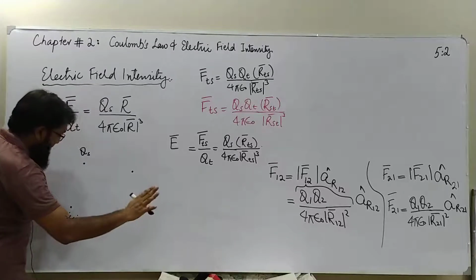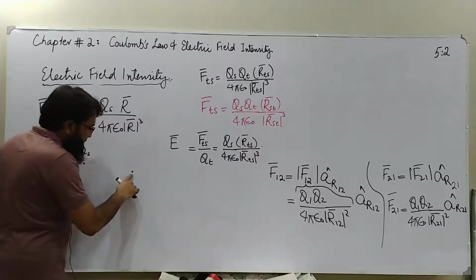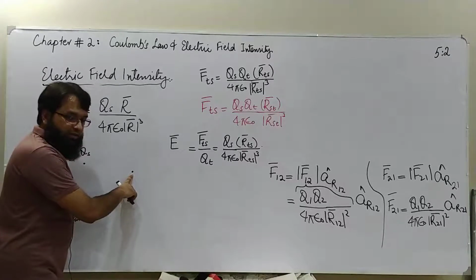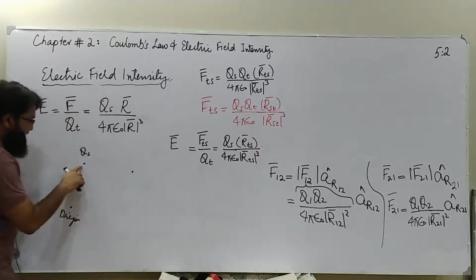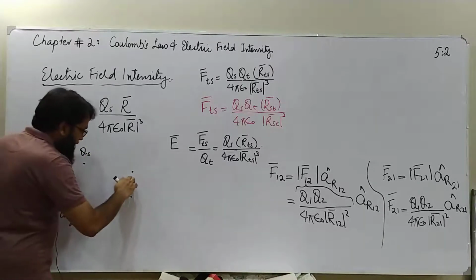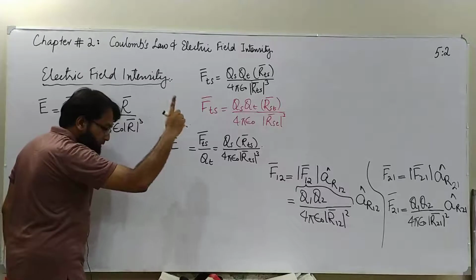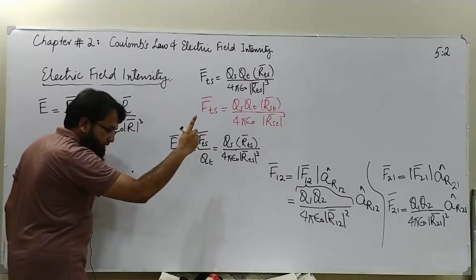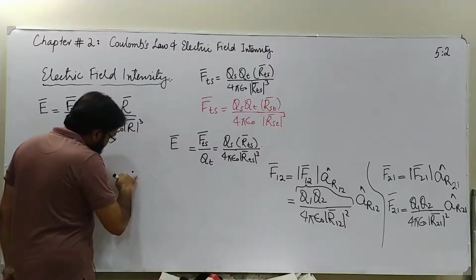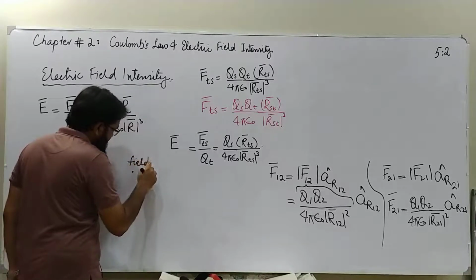You should remember that finding electric field intensity at this point means that I am placing a +1 Coulomb charge over here, and trying to find the force which that +1 Coulomb charge would experience due to the source charge. Any point within the field of the source charge where I would put that +1 Coulomb judge charge is known as the field point. We'll call it the field point.